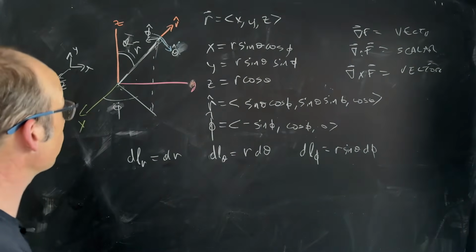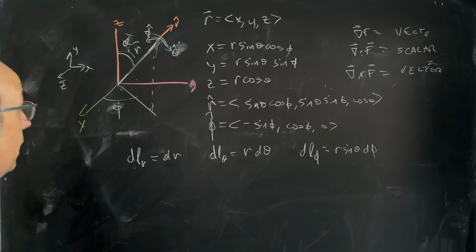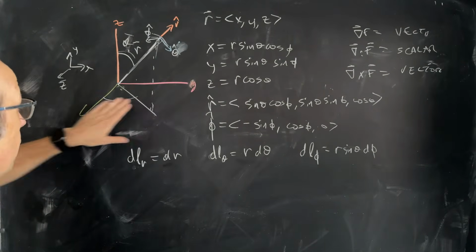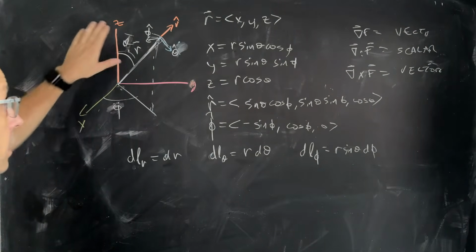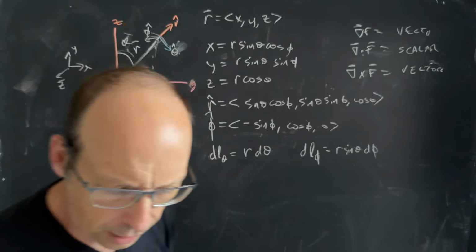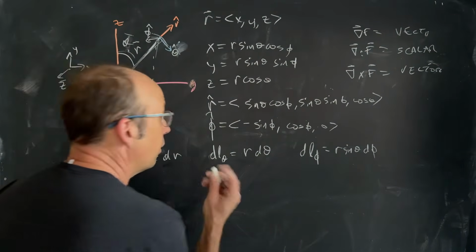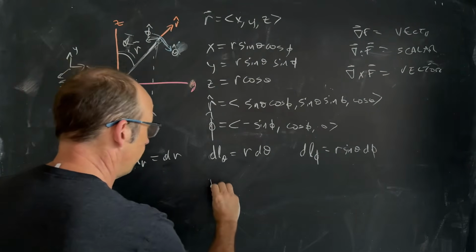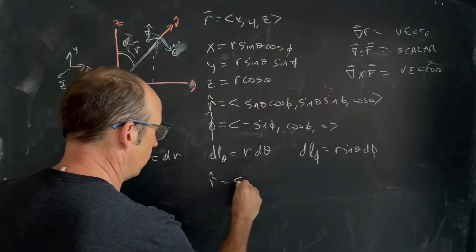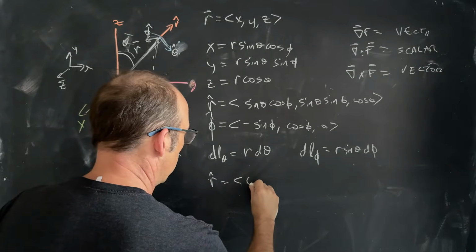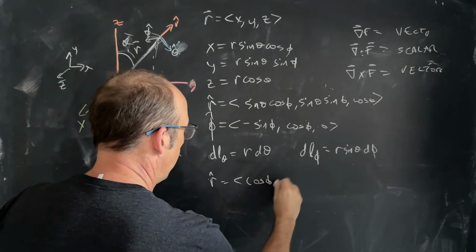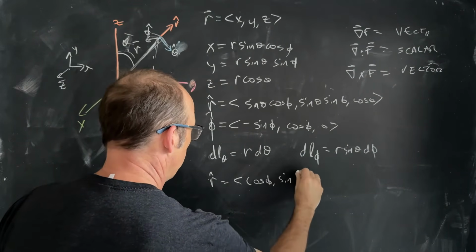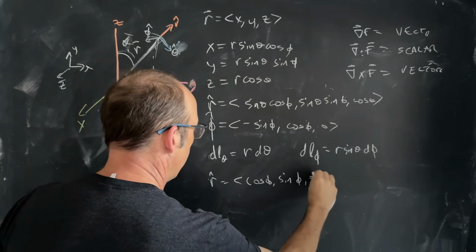Finally, we have cylindrical coordinates. These are pretty easy. It's just using phi for the xy direction and z for the z direction. And then I'm just going to write down the unit vectors in cylindrical coordinates. R hat is equal to cosine phi, sine phi, and then z.